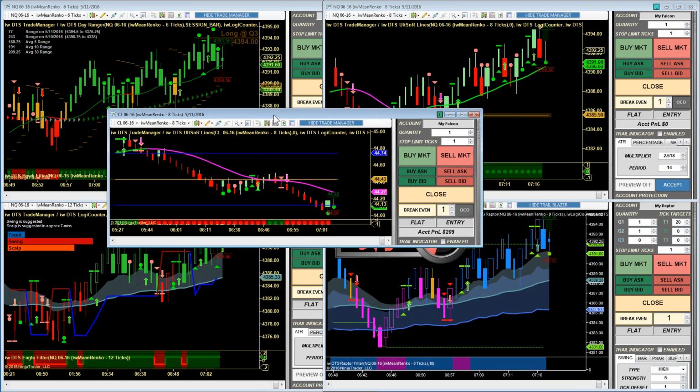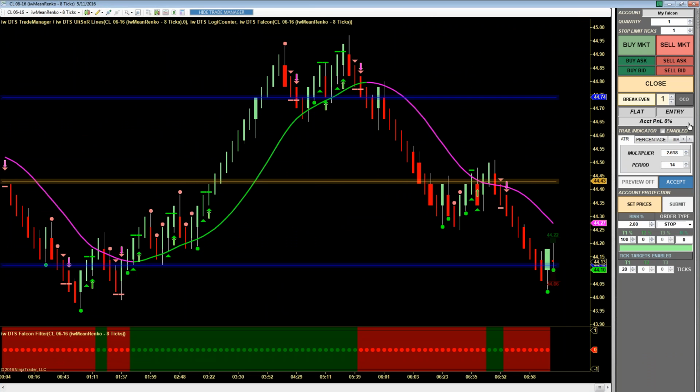Okay, I'm going to use the Falcon here. You can use any tool you like, whether it be the Hawk or the Raptor or the Eagle.